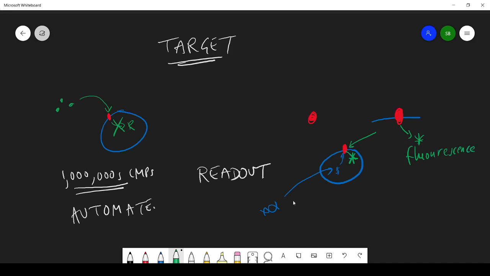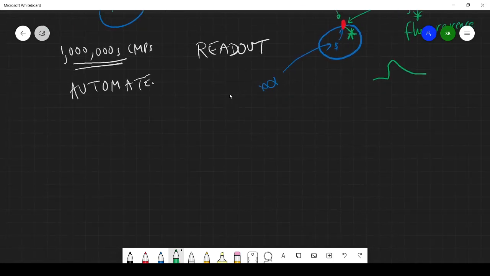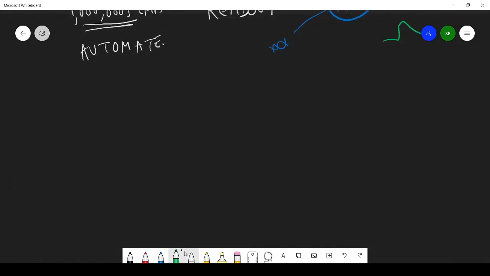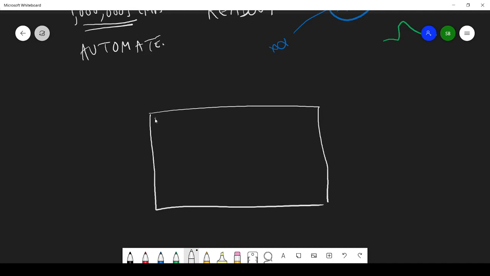So then, if it should so happen that you find a compound which does indeed activate the receptor, you will then see some sort of fluorescent signal. And then you can automate the whole process by putting your cells into plates with thousands and thousands of wells.